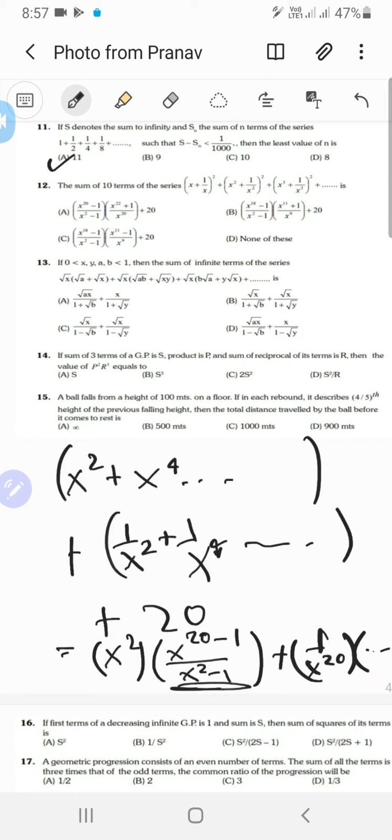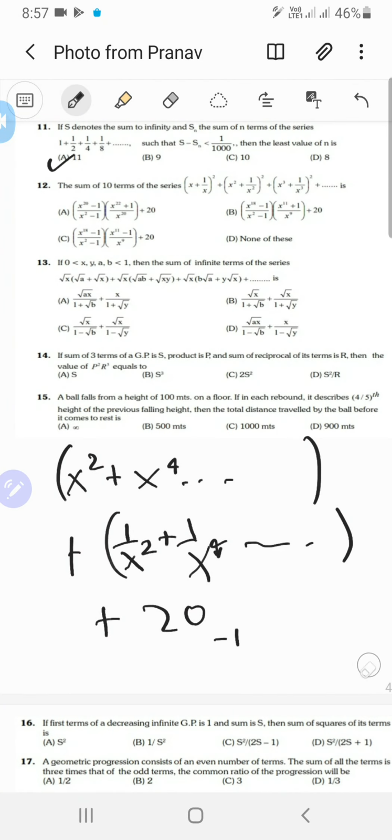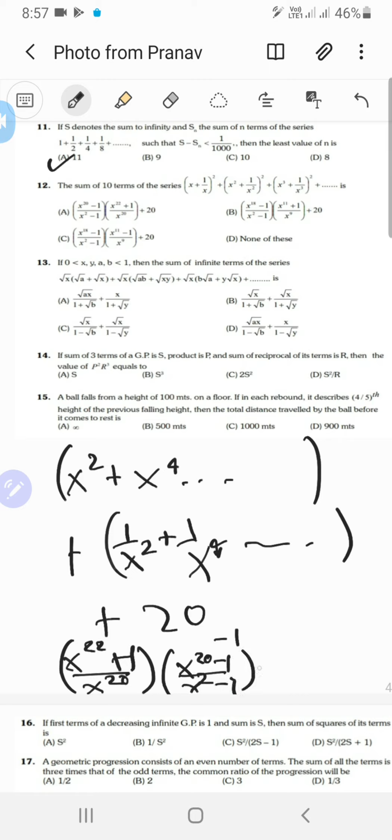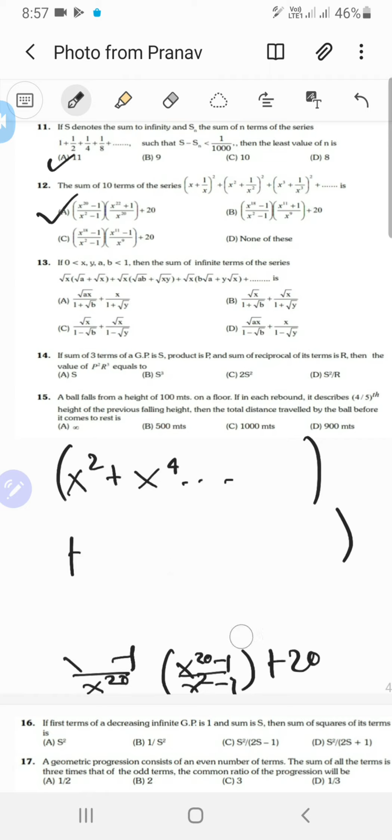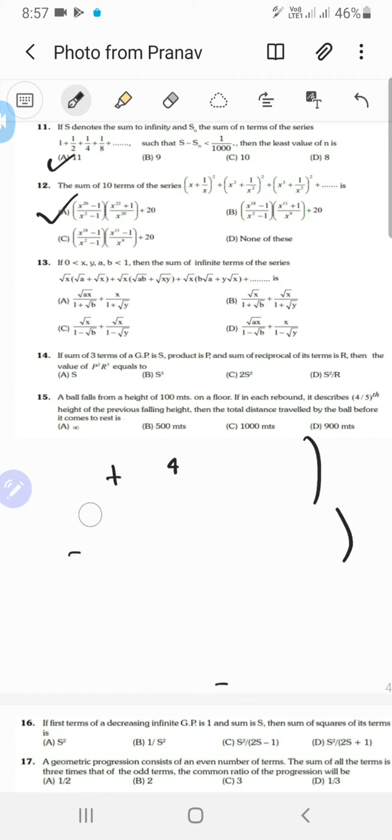So x squared plus 1 over x raised to 20, which is x to the 22 plus 1 over x to the 20, times x to the 20 minus 1 upon x squared minus 1, and then plus 20. So obviously option A is correct. And yes, we have already done this question once because we got the correct answer in a single try.